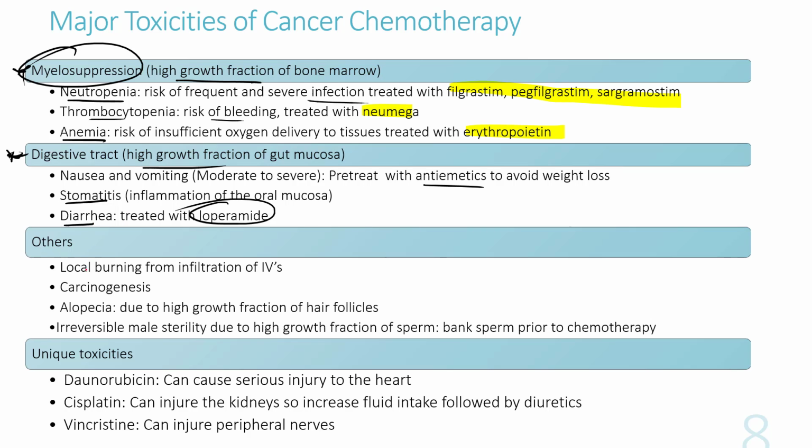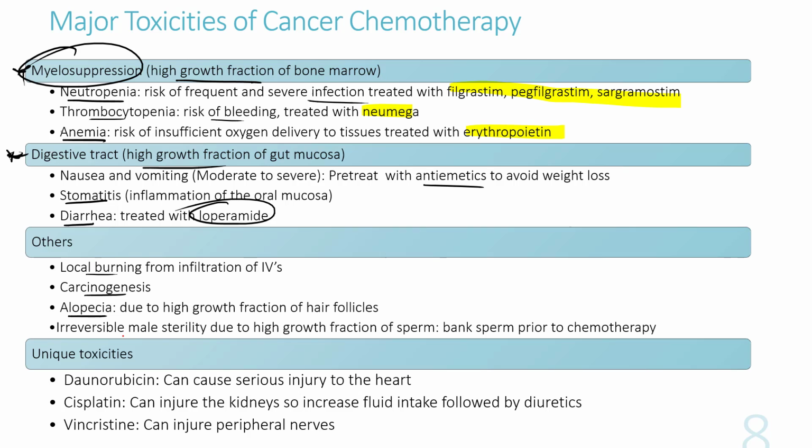Other toxicity is local burning from the site of the IV. Carcinogenesis: it's kind of ironic that some drugs used to treat cancers actually cause other cancers further down the road. Alopecia, hair loss: hair is made of fast-growing cells, and so hair loss is common.